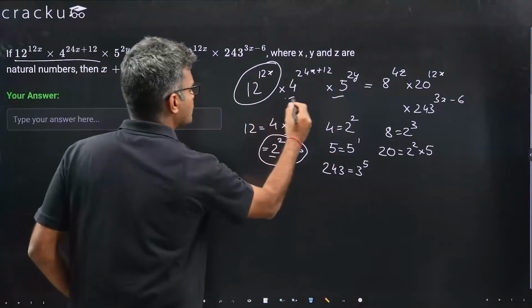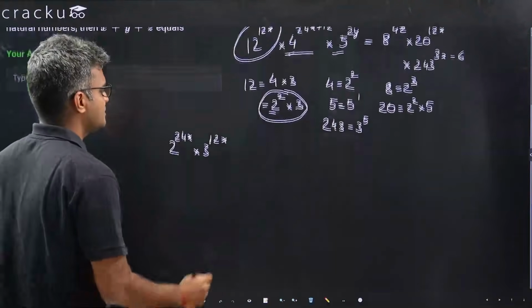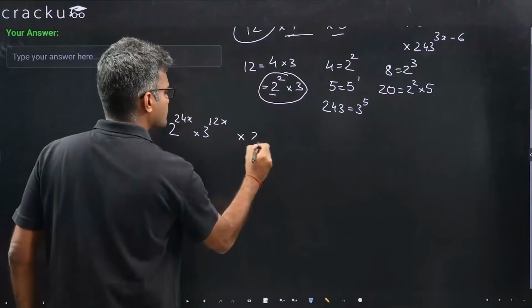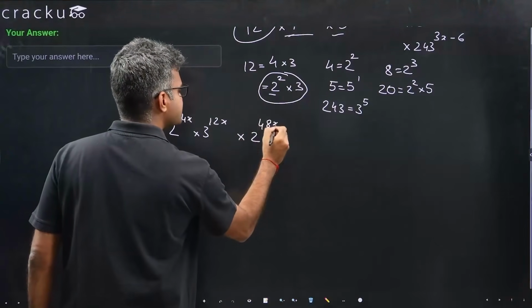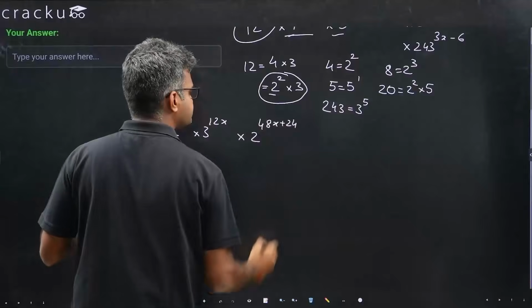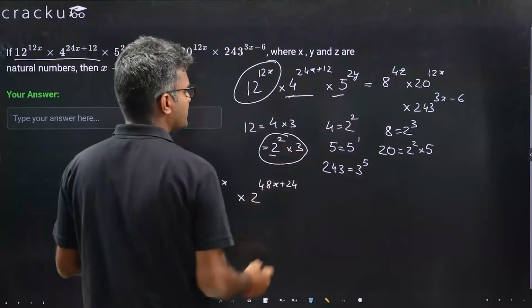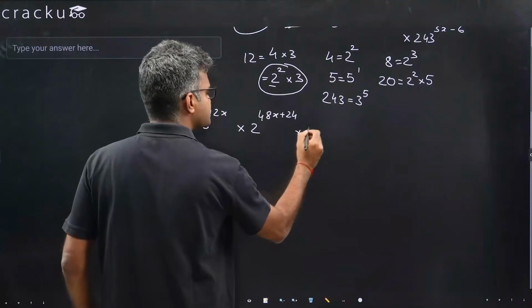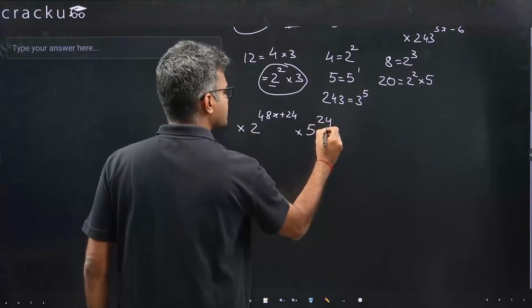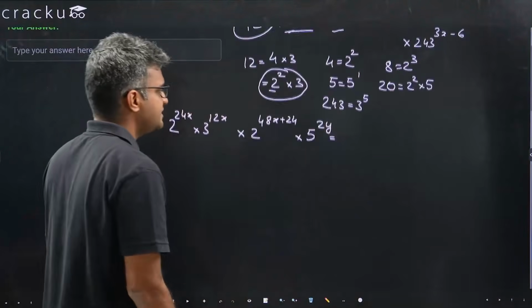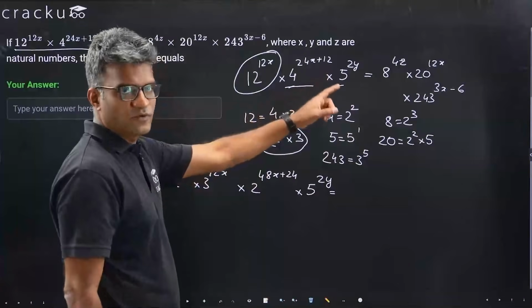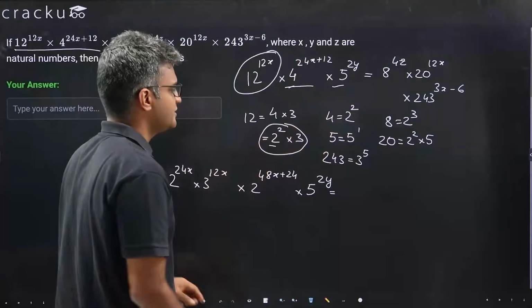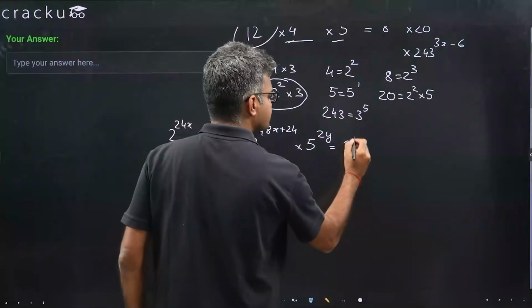What about 4 to the power 24x plus 12? That will be 2 to the power 48x plus 24. And then we have 5 to the power 2y. 5 is a prime number, so we'll just write it as 5 to the power 2y. This is equal to the right hand side. 8 to the power 4z, because 8 is 2 cube, will be 2 to the power 12z.